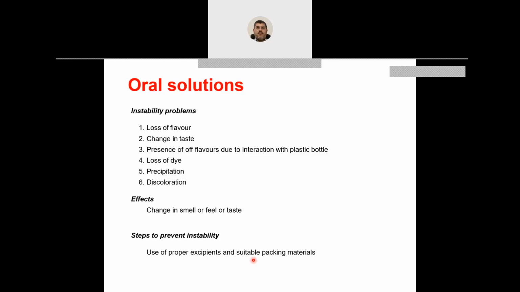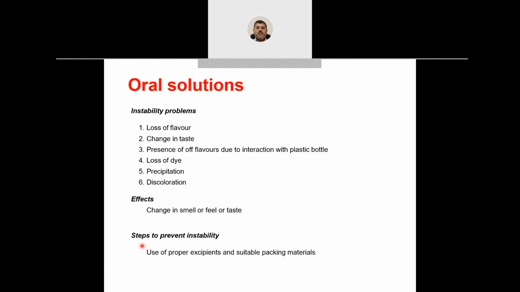We should use proper excipients and suitable packaging materials. And how do we know whether these excipients are suitable, or whether they interact? As we explained before, by the use of stress studies or forced degradation studies. At the beginning, you may have 5 or 6 or 7 excipients in mind, all of which can be used with your active ingredient.